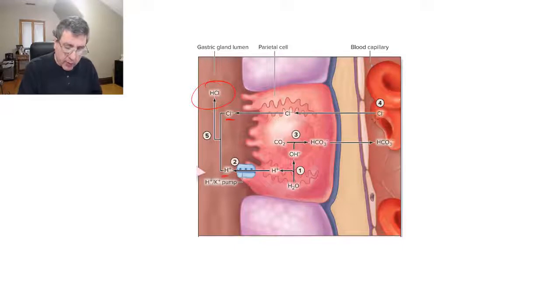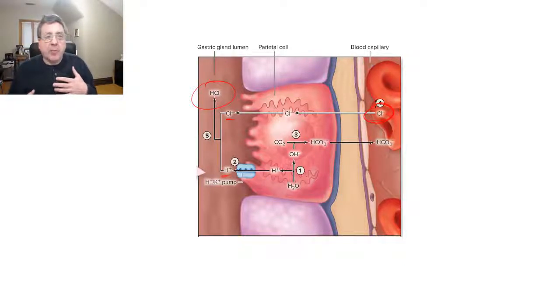First of all, chloride diffuses out of your bloodstream, because remember when we talked about the bicarbonate ion in the blood, that when the bicarbonate goes out of the red blood cells and gets transported in the plasma, chloride goes into the red blood cell.